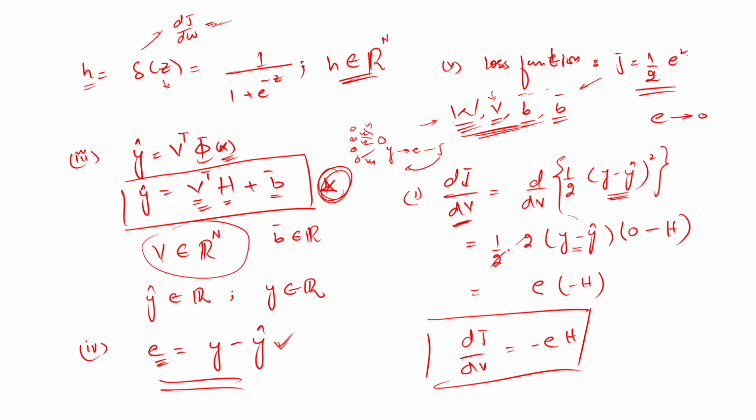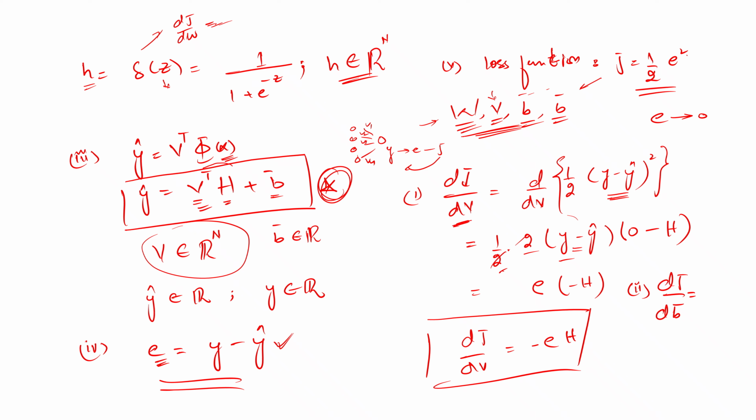right? Really simple. Similarly, let me do it directly over here. When we obtain the derivative of loss function J, dJ by d b bar, we reach this point, which will be the same as this, 1 by 2 times y minus y hat squared. Here we will take the derivative of y with respect to b bar, so it will be 0. Then the derivative of y hat with respect to b bar.